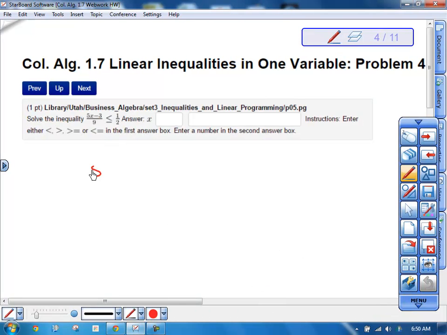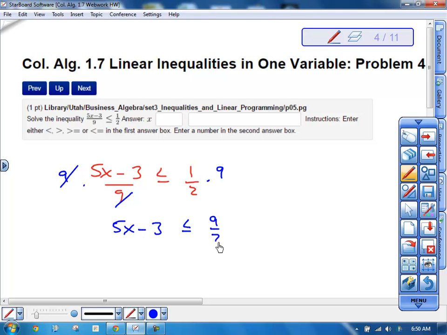Alright, another one. 5x minus 3 over 9 is less than or equal to 1/2. We want to solve this, so we're going to multiply both sides by 9. 9's cancel. We get 5x minus 3 is less than or equal to 9/2. We're going to add 3 to both sides. And we get 5x is less than or equal to 9/2 plus 3. I'm going to do a common denominator, multiply top and bottom by 2, and then add.